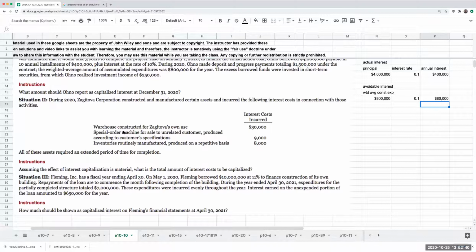So I would say that this would be capitalized, but I don't know. The answer in your book says yes. Oh, I don't know about this one. I don't know about the 9,000. I wouldn't give you a question like this on an exam, but this would be something that I would want to go through and take a look at a little bit more carefully.